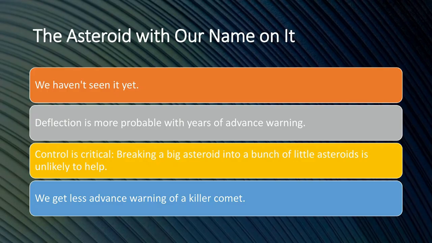You want to do whatever you do in a controlled manner. A bunch of small asteroids hitting the Earth could cause just as much damage as one big asteroid. For comets, we have a bit less warning because it's going to be coming from farther out in the solar system, and so we might not see it until it gets closer to us.